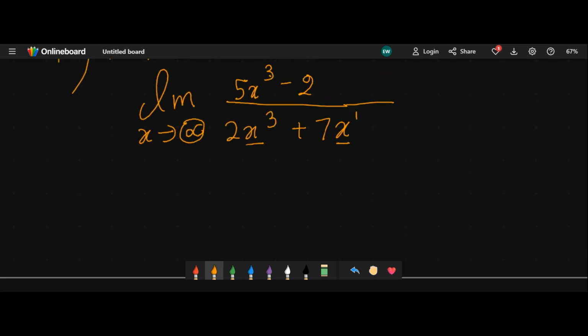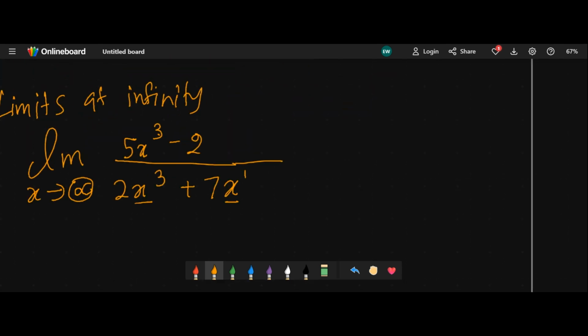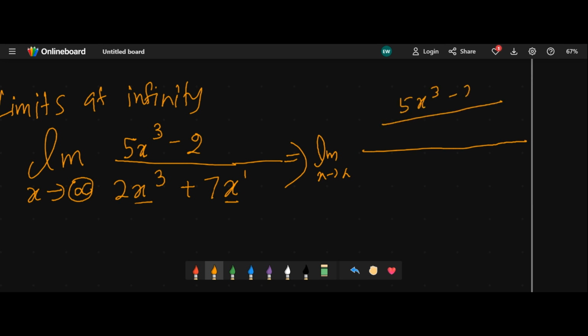So what you have to do is, with the limit as x goes to infinity, divide both numerator and denominator by x cube.